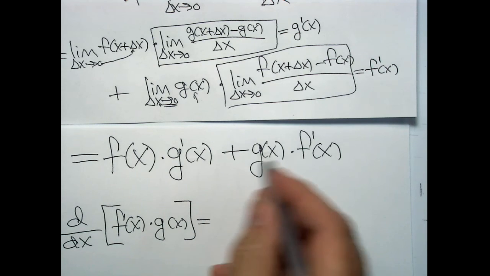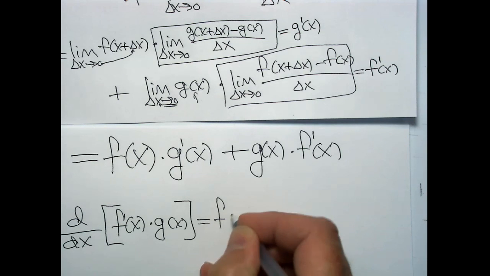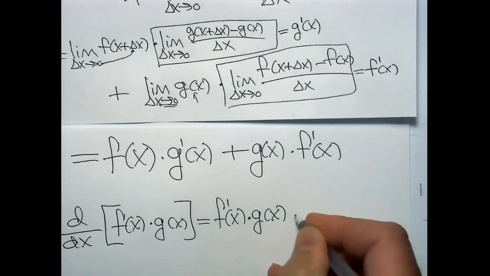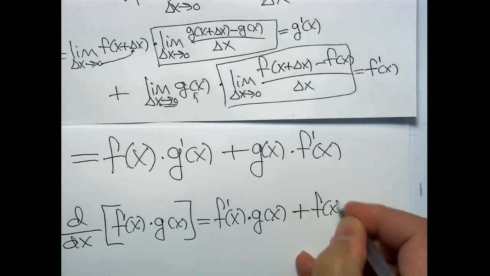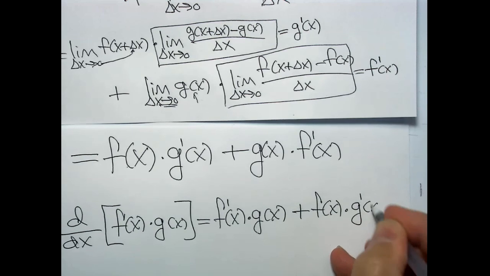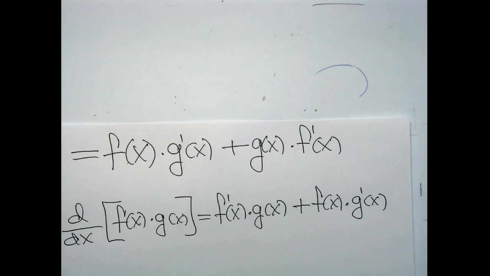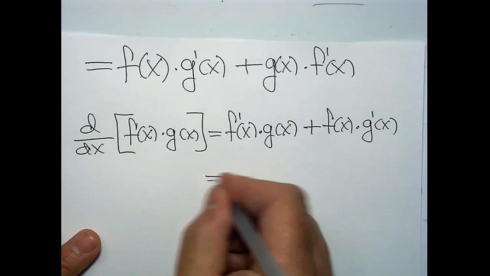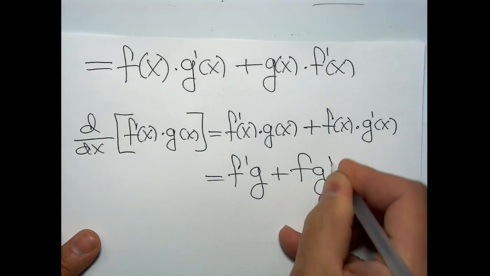It's, and I'm going to put this in a different order, I can use the commutative rule of multiplication and addition, it's f prime multiplied by the g function plus f multiplied by the g prime function, the derivative. So let me summarize that for you. f prime g plus f g prime.